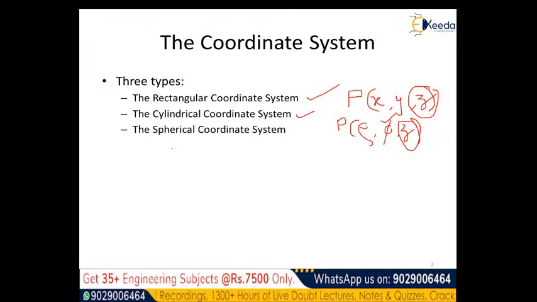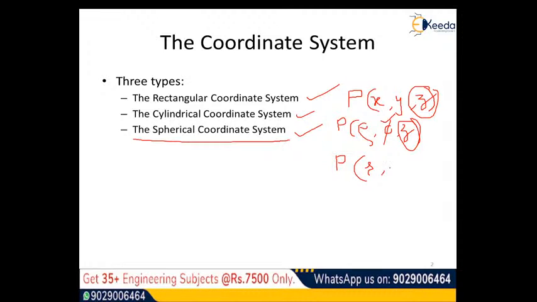Now come to today's topic of discussion, that is the spherical coordinate system. While we switch from cylindrical coordinate system to this system, the representation most of the time is followed as P in brackets, R, comma, theta, comma, phi. So while we switch from cylindrical to spherical, phi is common, whereas one more angle, theta, is added to this spherical coordinate system.